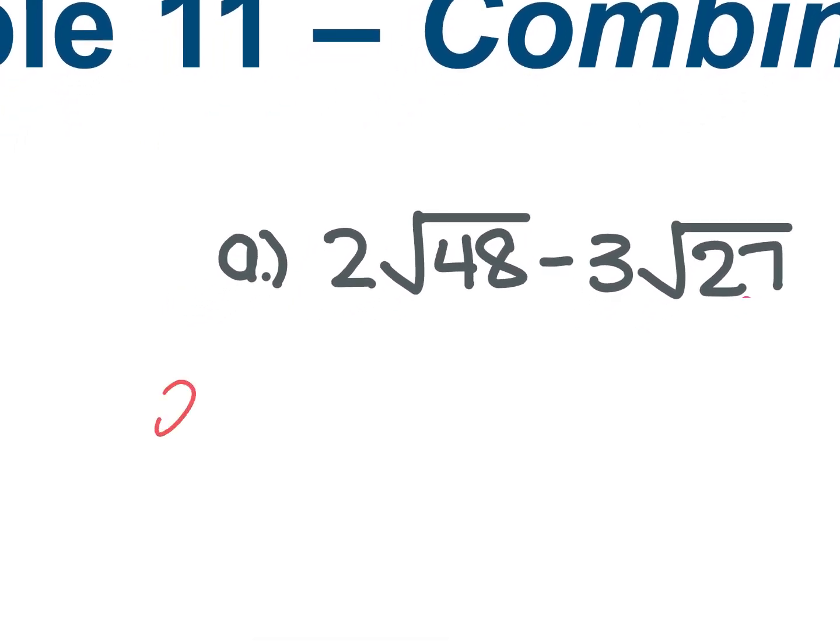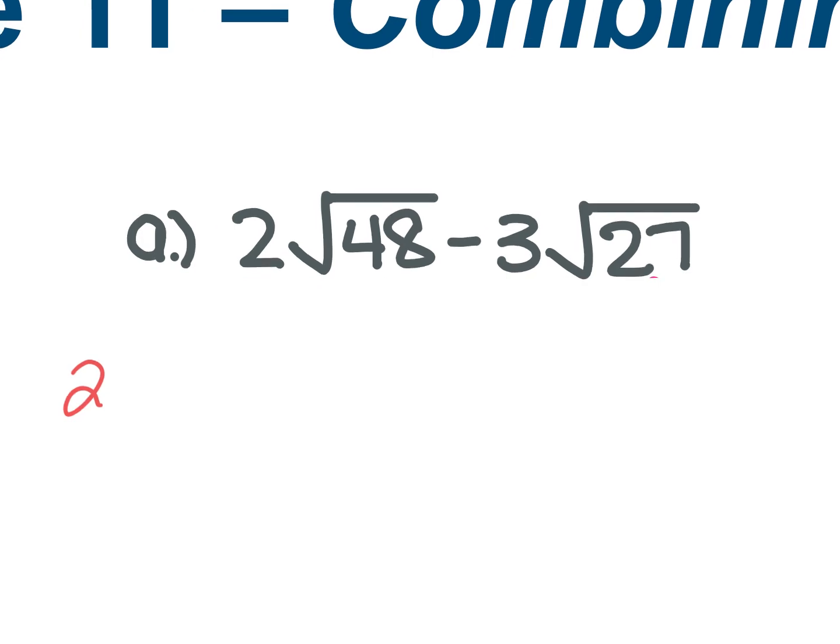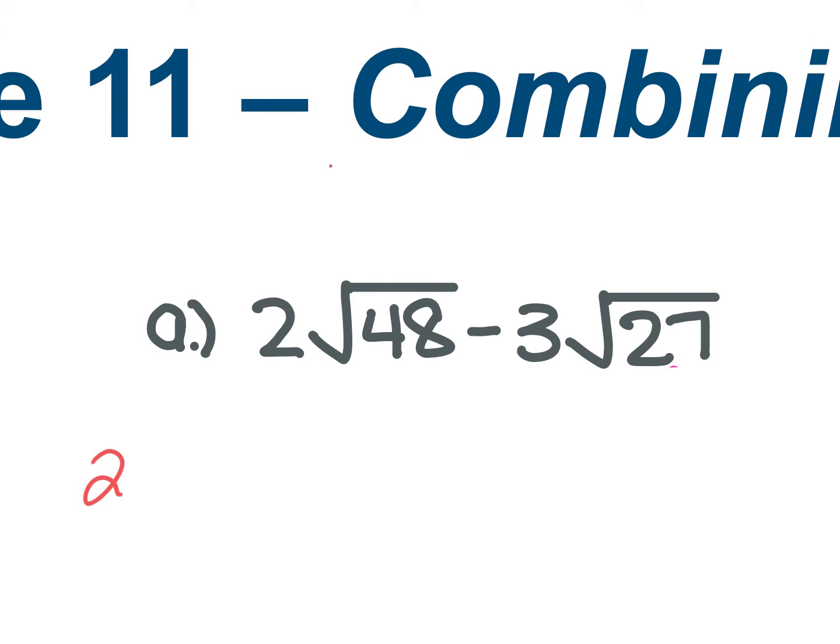I have 2. What can I break up 48 into? Okay, we talked about 48 already. We did 1 and 48, 2 and 24, 3 and 16, 4 and 12, and 6 and 8, right?